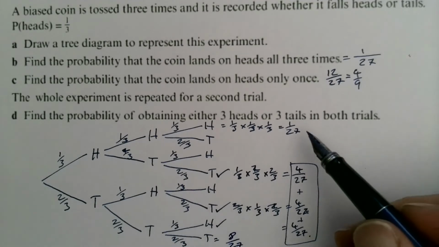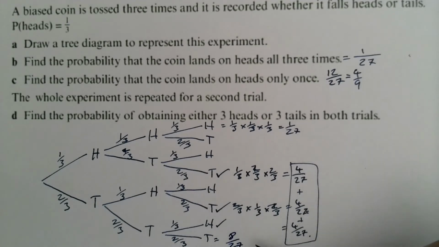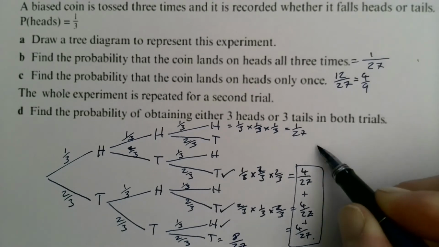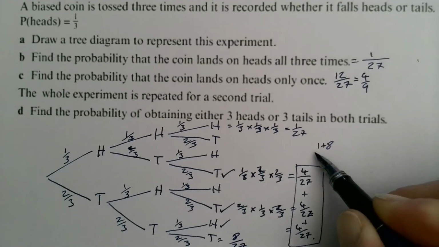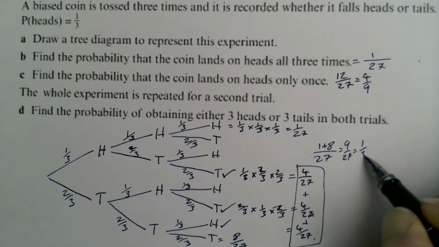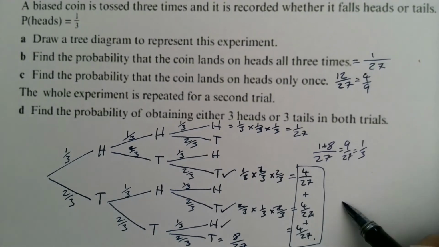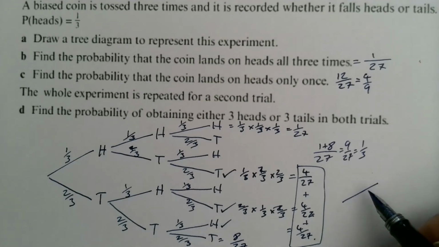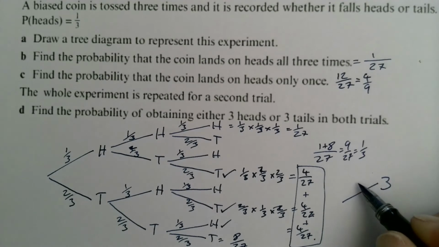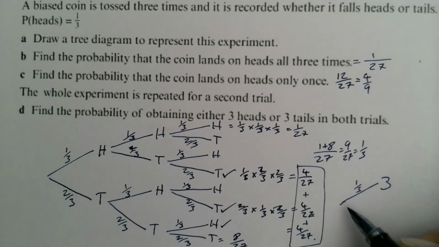So either 3 heads or 3 tails in one trial equals 1 plus 8 over 27, which is 9 over 27, which is a 1 in 3 chance. So the probability of 3 of a kind happening in one of the trials is 1 in 3.